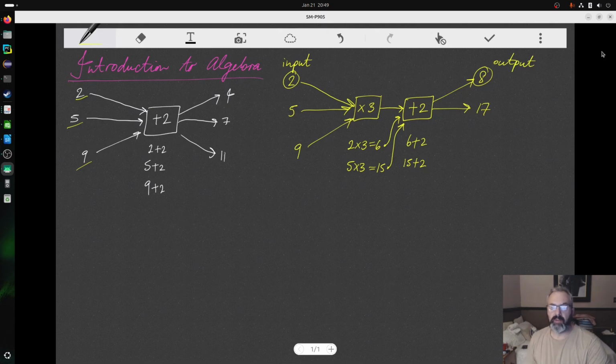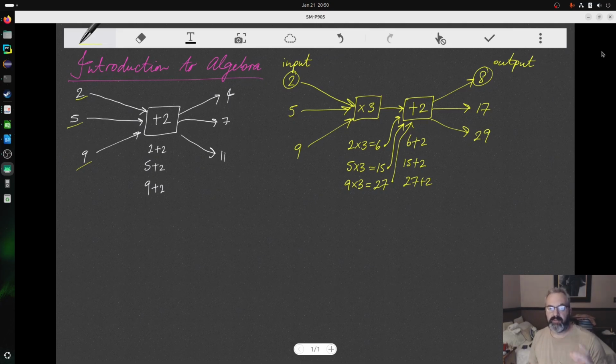So for an input of 5 into our maths machine, the output will be 17. And let's do the same with the 9. 9 times 3 is equal to 27. And if we take 27 and we put it through the second step, we have 27 plus 2, and that gives us 29.